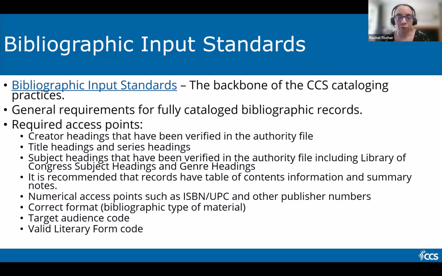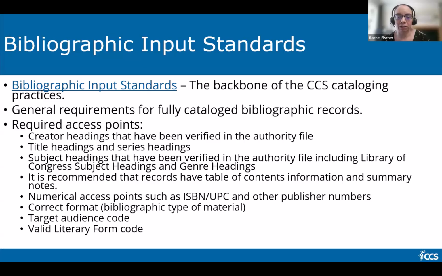We also recommend that records have table of contents information and summary notes. There are specific formats that do require the enhanced tables of contents, which would have subfields for the title and author in those. I'll go in more depth soon about that.